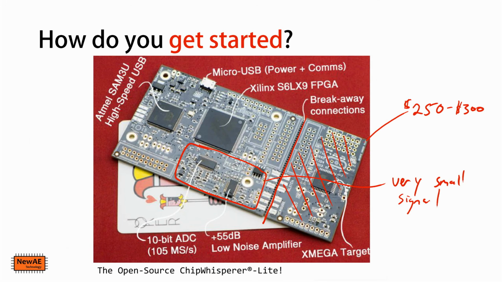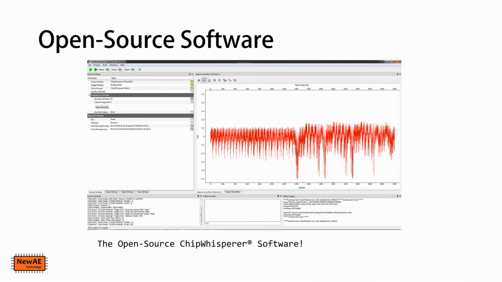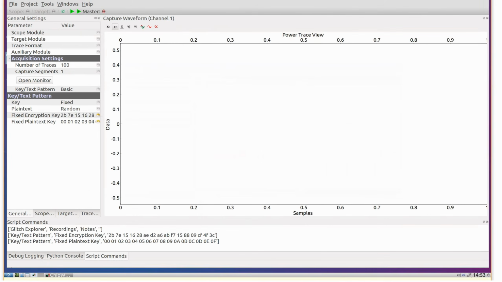But we've tried to put a lot of effort into making the ChipWhisperer-Lite a much easier system of getting going. And it's fully open source, so the software we're using is open source. The hardware in the previous photo is open source. So it's designed as a benefit to people really interested in this.